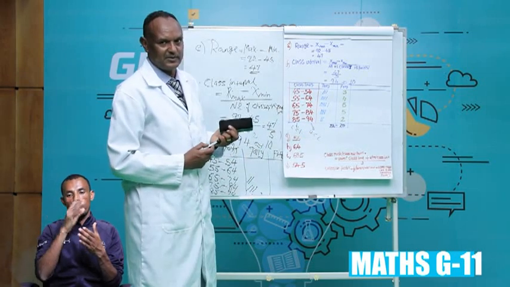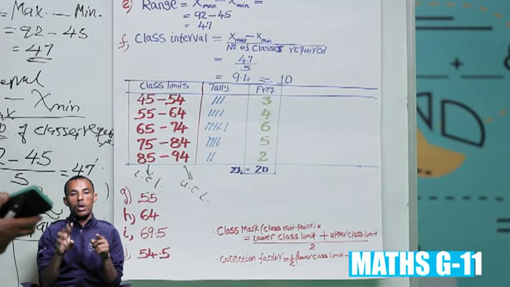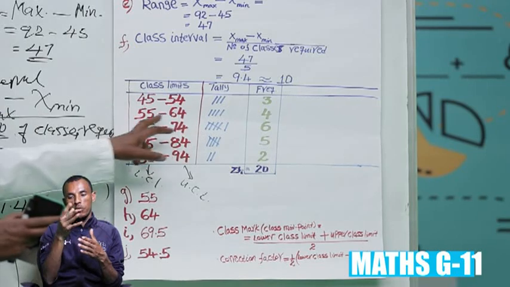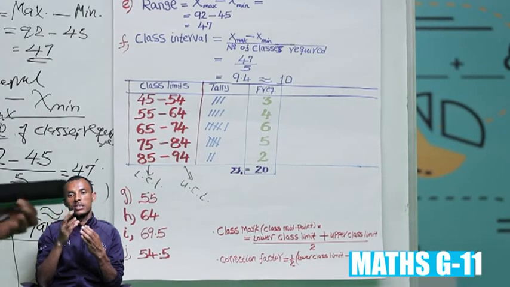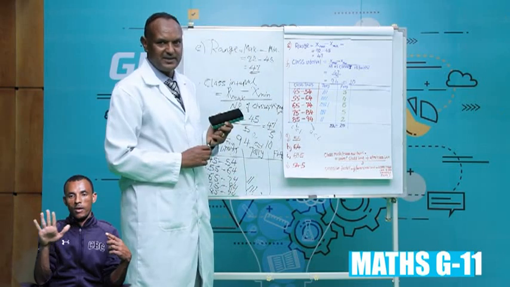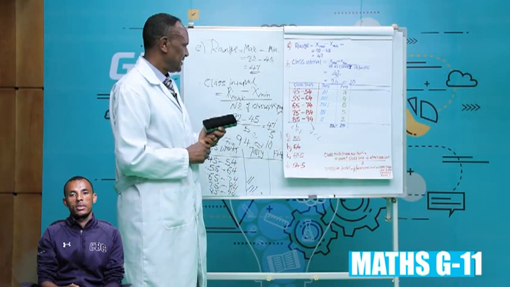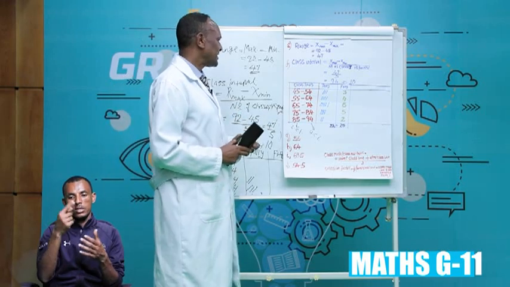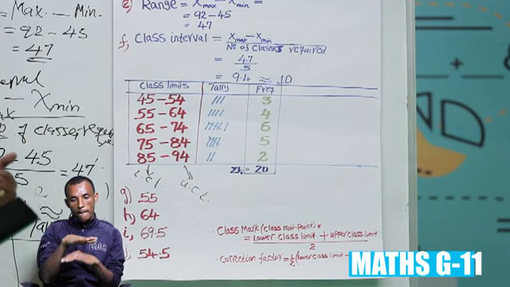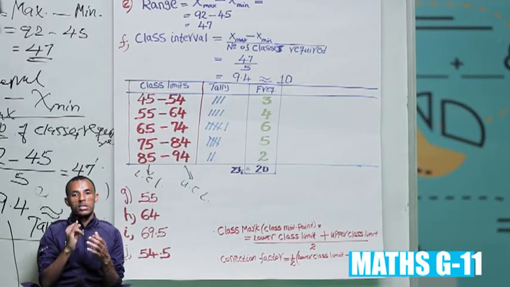When you are asked the lower class limit of the second class, it was from 55 to 64. So the left side, 55, is the lower class limit of the second class. The next question, what is the upper class limit of the second class? It is equal to 64.